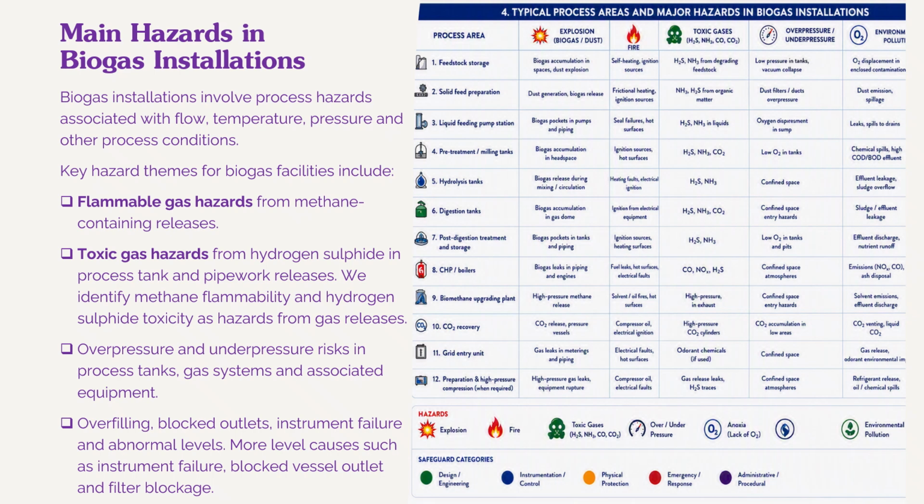Mechanical risks also arise from overpressure and underpressure conditions in tanks, vessels, and gas systems. These events can damage equipment and potentially lead to loss of containment. Operational problems such as overfilling, blocked outlets, failed instruments, and abnormal liquid levels can initiate hazardous scenarios. Understanding these hazards is the first step toward selecting effective safeguards and managing risk.